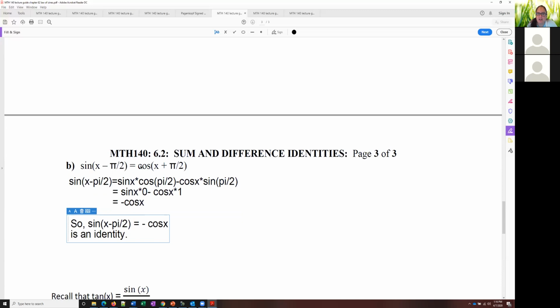Let's now take a look at the right-hand side. So let's start with the cosine of x plus pi over 2. And we're going to use the formula for the cosine of a plus b. That formula tells us we'll get the cosine of x times the cosine of pi over 2 minus the sine of x times the sine of pi over 2.